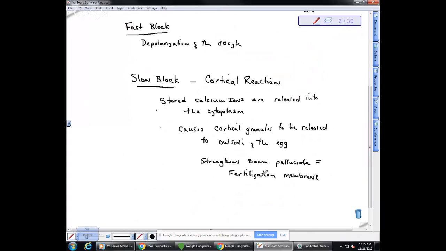Once this fertilization membrane is in place, no other sperm can get through. Okay, so that is the slow block, but that's long acting. It's kind of interesting: early embryonic development takes place within this fertilization membrane, and then at a certain point, the embryo breaks free of the fertilization membrane and can implant into the lining of the uterus.